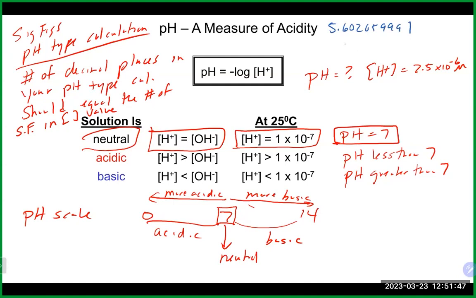So hopefully you got a number that looks something like that. How should we report this? Should we report it as 5.6? Should we report it as 5.60? Should we report it as 5.6020599991? Which one would be the correct way to report this one?